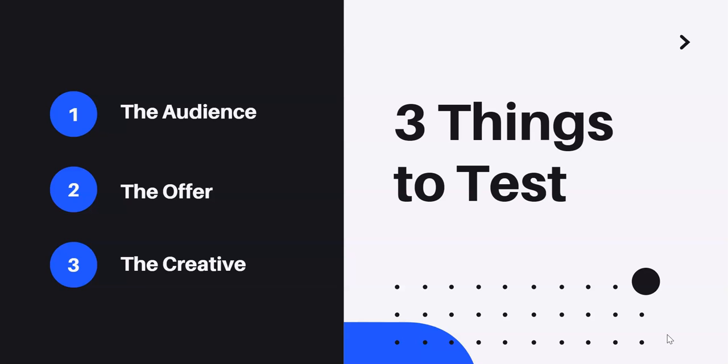The other major problem that I see is there is a mindset out there that you should test everything, even granular tactical aspects of marketing that really don't matter that much. So for example, changing your call to action button from green to purple.